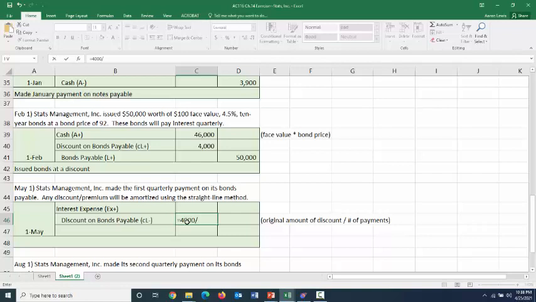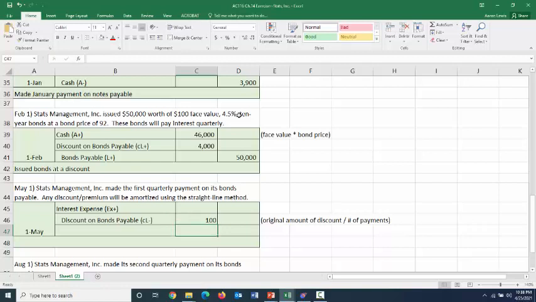Let's divide that by how many times this bond is going to pay interest over its life. Well, how many years is the bond for? It is a 10-year bond. How often does this bond pay interest? This bond pays interest quarterly, which means every 3 months or 4 times a year. So if it pays interest 4 times a year for 10 years, over the life of this bond, it's going to pay interest 40 times.